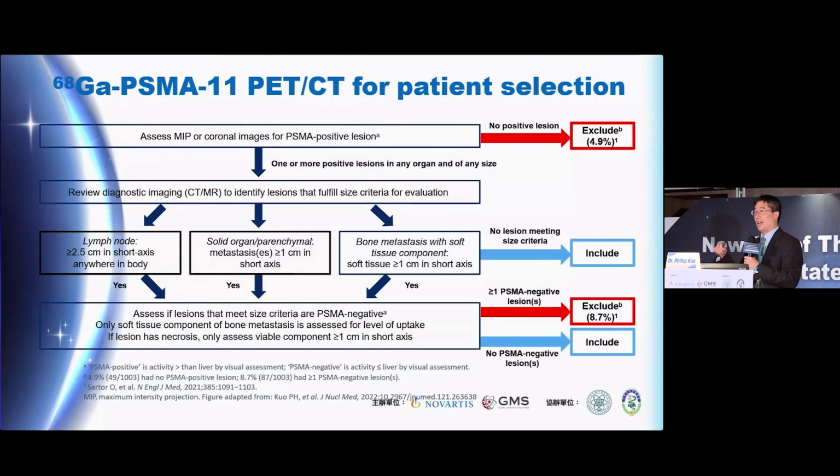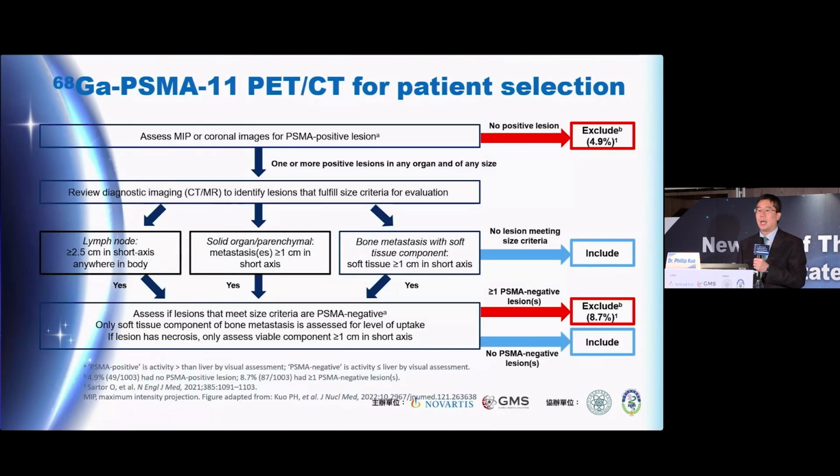And getting an FDG PET approved by insurance for selecting patients for radioligand therapy has never been done. So we were really concerned how that would delay getting this used in real life when it got approved, hopefully. And as you said, the VISION trial was successful, thankfully. So there's no FDG PET required in this whatsoever.